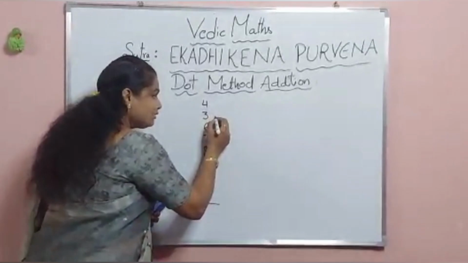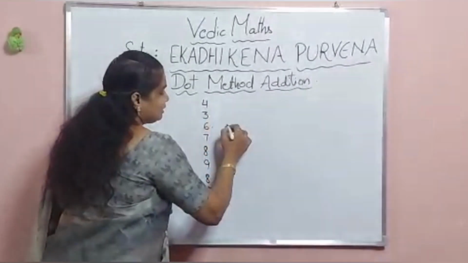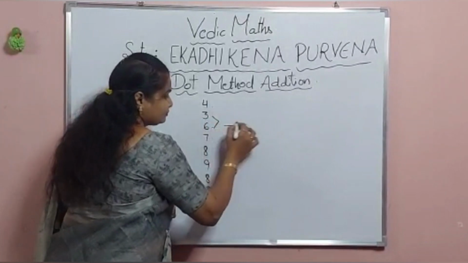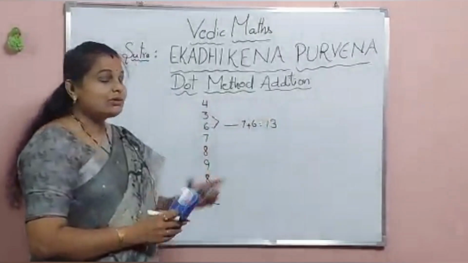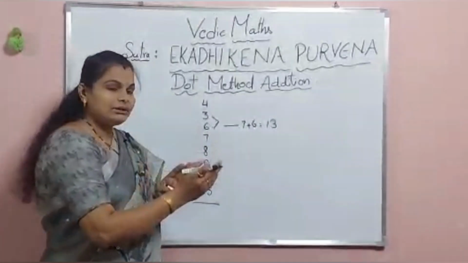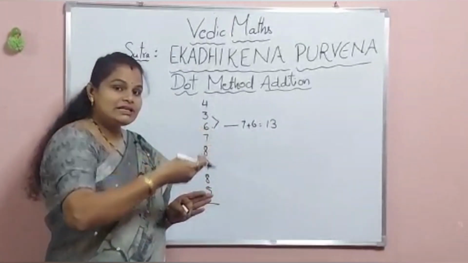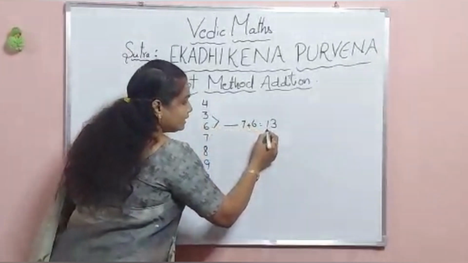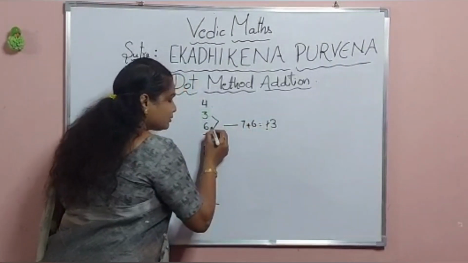Then 7 plus 6 is 13, right? 13 is a double digit number. Wherever a double digit comes as the answer, you have to drop the tens place digit. So here the 1 we drop, and there you keep the dot.